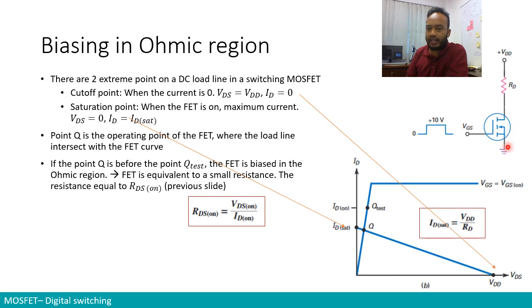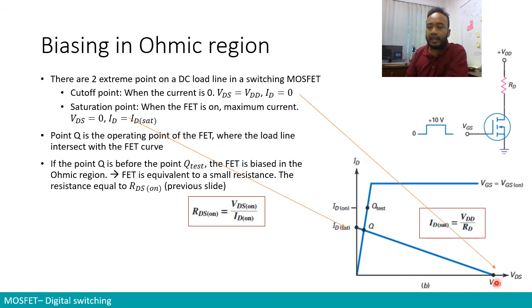In VDS, because the source is connected to the ground, therefore VDS is going to be exactly equal to VDD because no current goes through drain and source to go into the ground, right? So we are going to be placed in this point where we will have VDS equal to VDD, the voltage that is supplied to the drain, and current is zero.